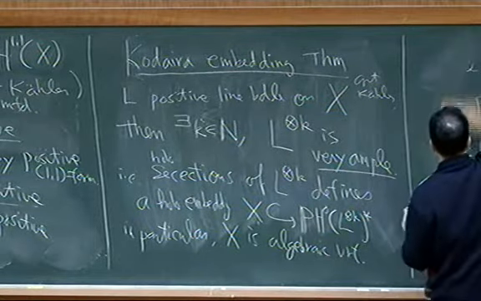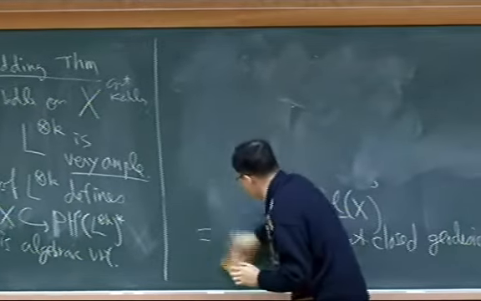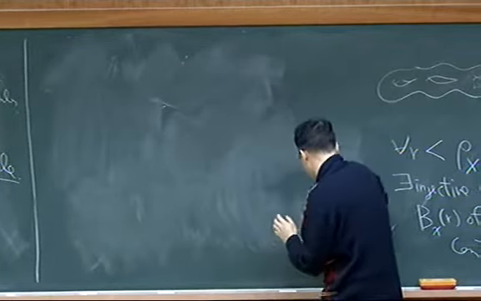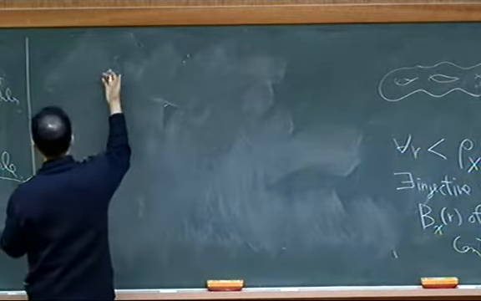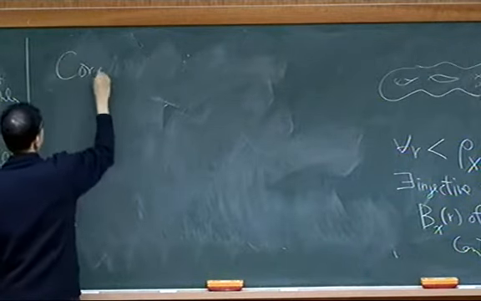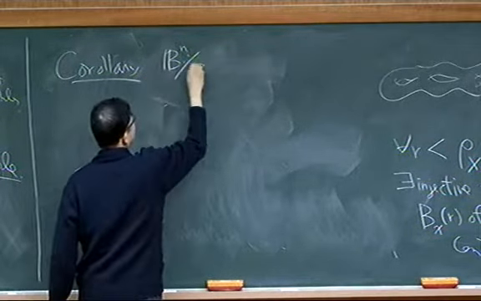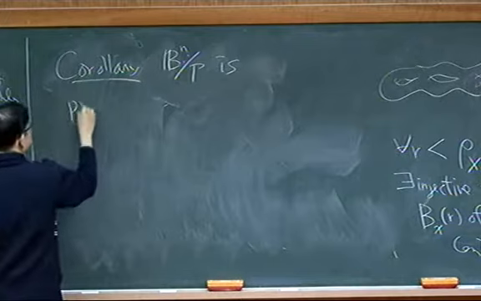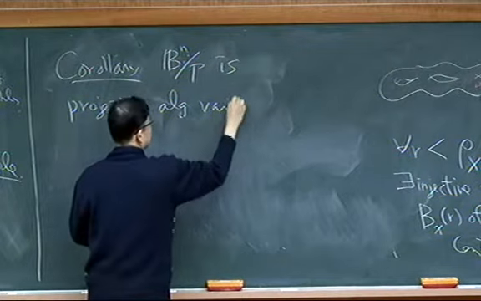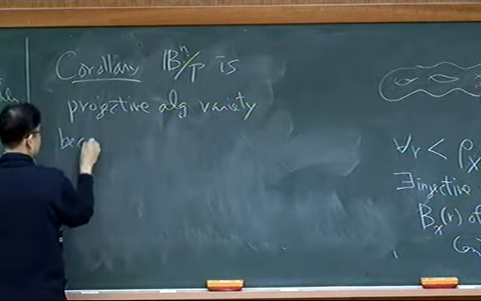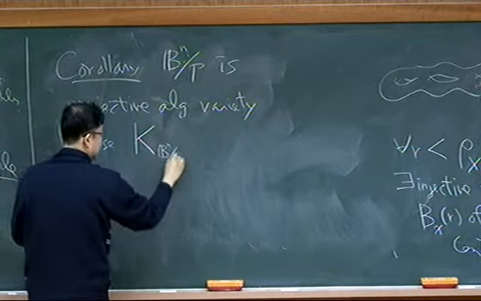And now we can apply this to the hyperbolic manifold. In fact, this is one of the initial motivations for proving something like this. Kodaira proved this to say something like this. So this corollary is that H^n mod gamma is a projective algebraic variety because the canonical bundle is positive.